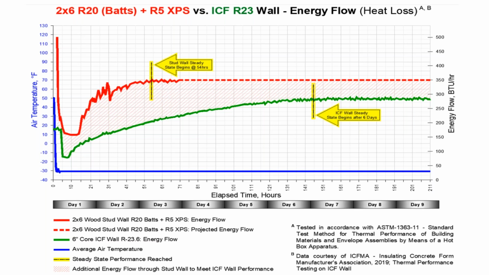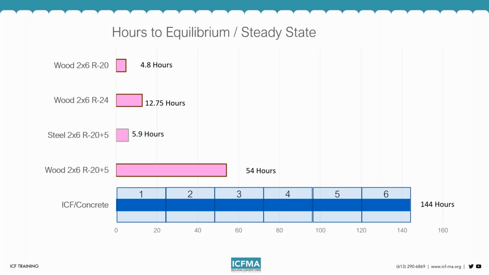And so as a direct comparison, the ICF wall is well outperforming a wood wall in this scenario. It also takes the wood wall about 54 hours to get to steady state, whereas the ICF wall takes over 6 days to get to that point. So during an extreme weather event, an ICF wall is going to outperform any type of cavity construction over that longer period of time.